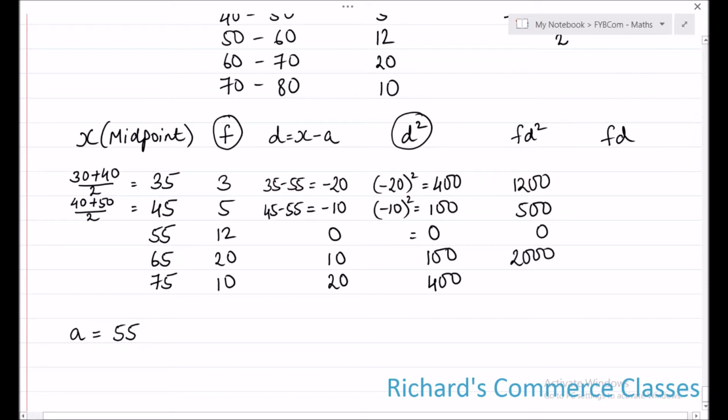And 10 into 400, that is 4000. And we also need the total of this column, because in our formula it says summation of fd square. So taking the total, that is 7700.